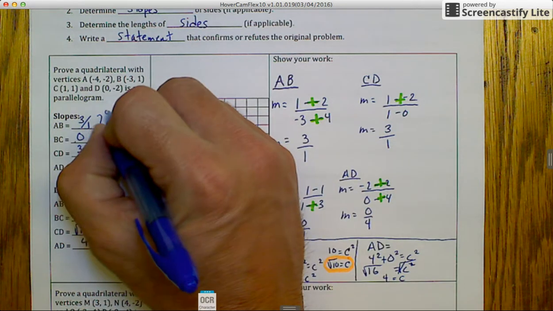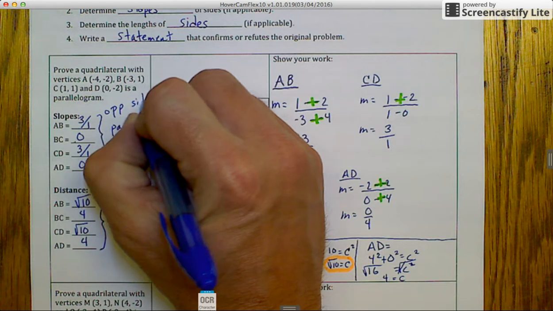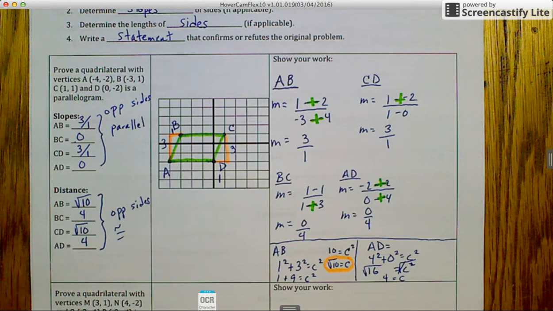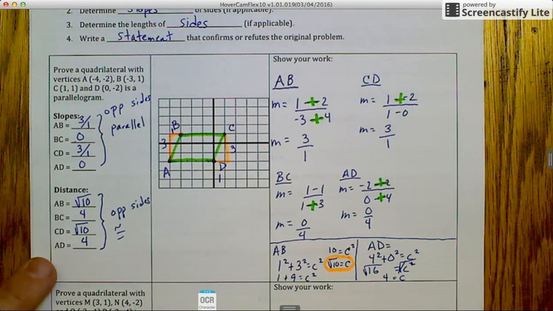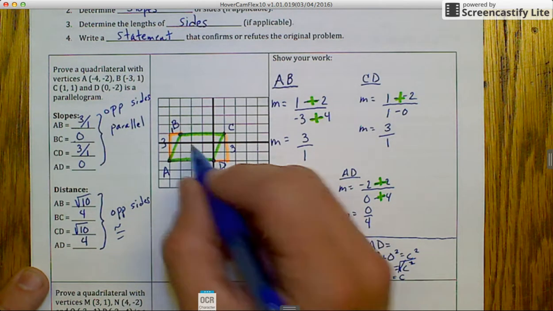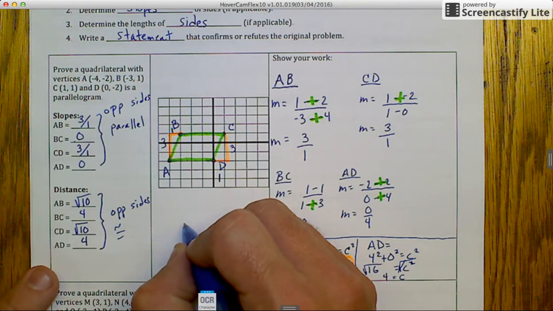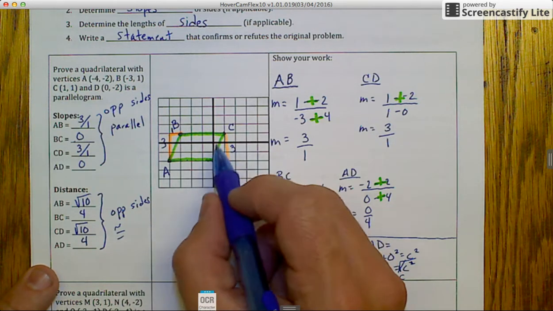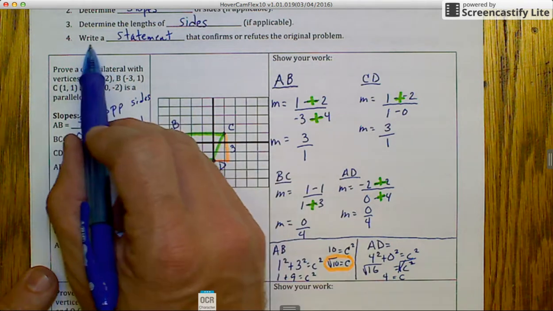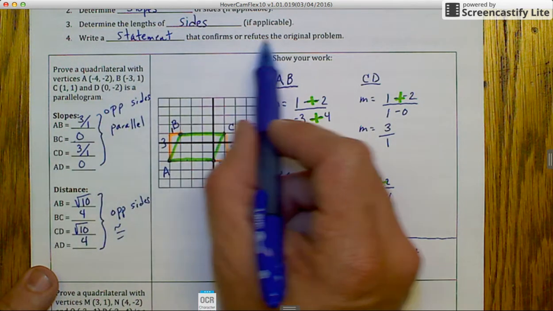So based on the opposite sides being parallel and the opposite sides congruent, we have proven that quadrilateral ABCD is a parallelogram. Now it says step 4, write a statement that confirms or refutes.